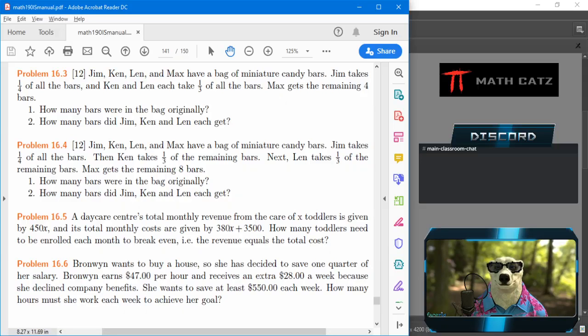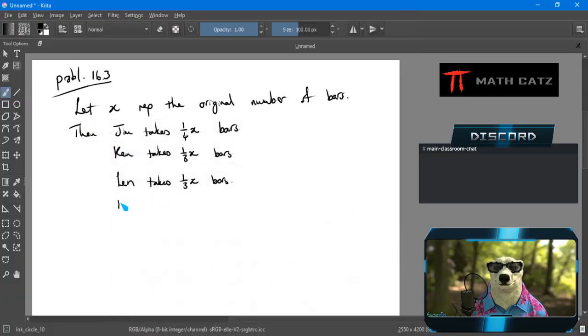And Max gets a remaining 4. Max gets whatever, 4 bars. So now we can say here, well, the total is what? The total number of bars, let's write that down.